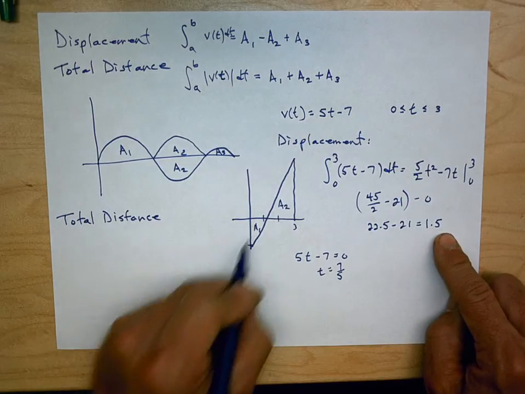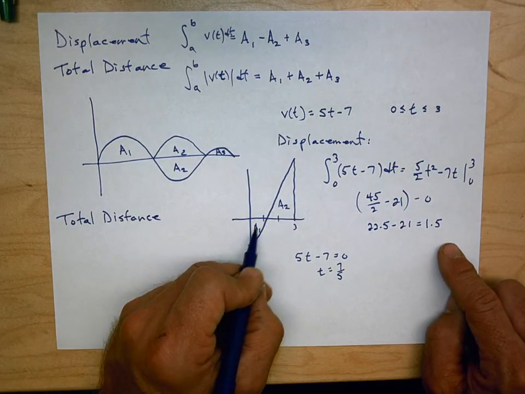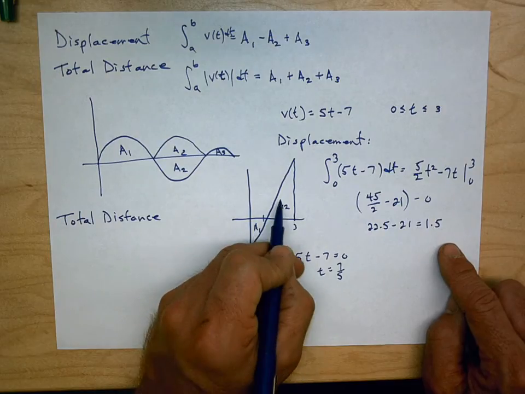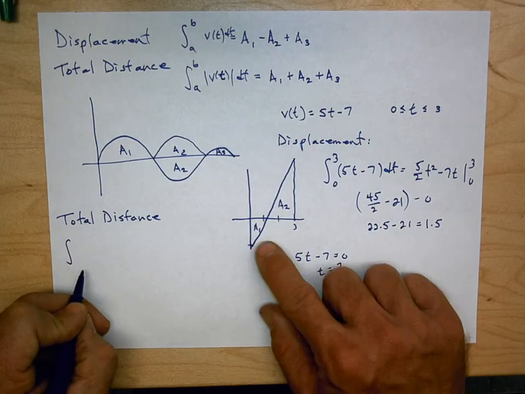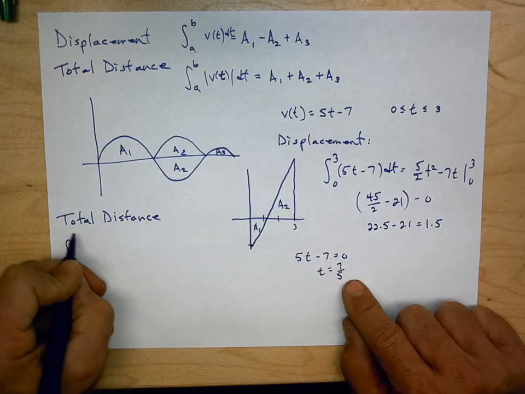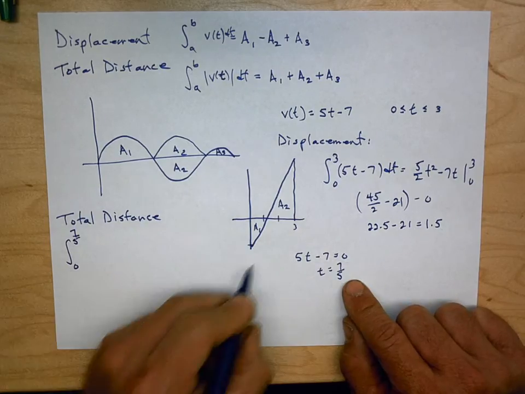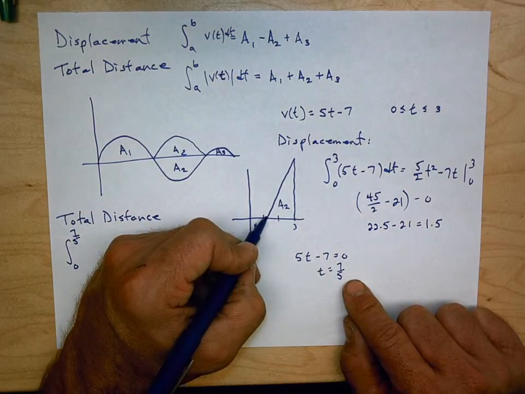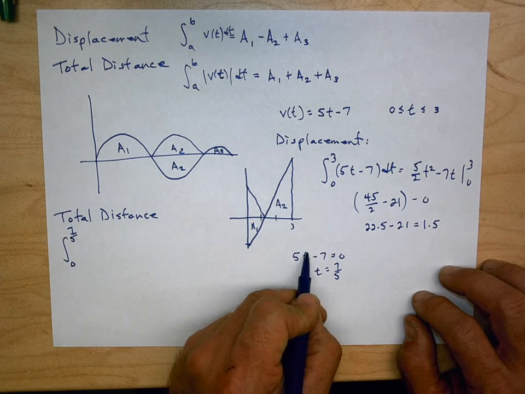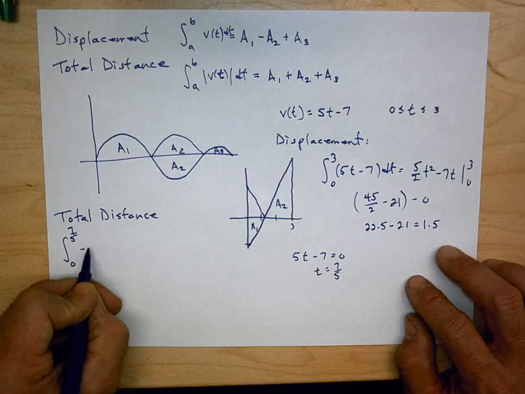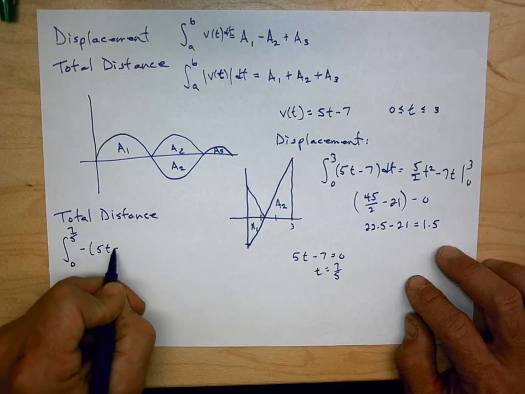What we'd like to do is break this up into 2 and take this area and add it to this area. So we'll take the integral from 0 to 7/5, and we want to flip this over up this way. So we take the negative of this function right here, negative of 5t minus 7 dt.